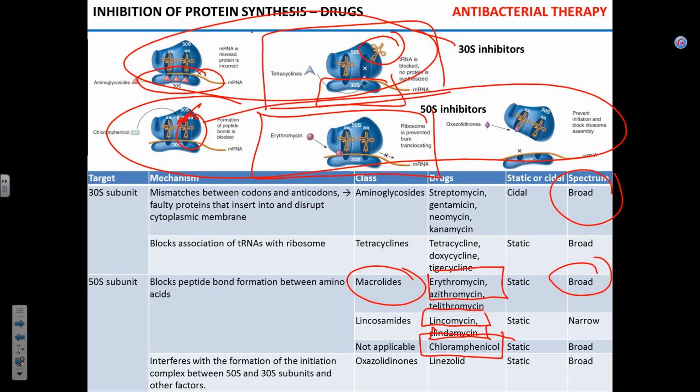Okay, so chloramphenicol is an effective, broad spectrum inhibitor of the peptidyl transferase activity. Essentially, it prevents the bond formation between the amino acid and the growing polypeptide chain. Right?